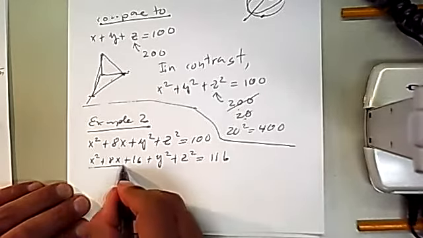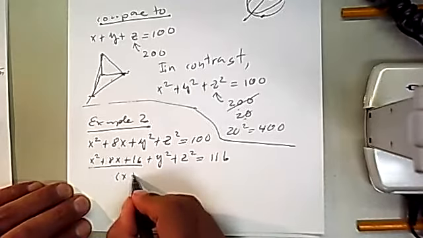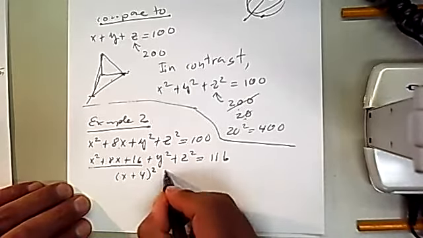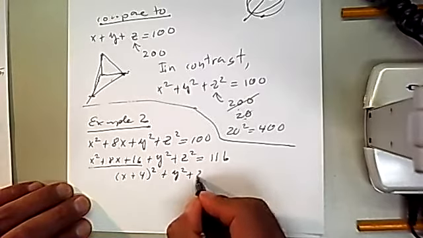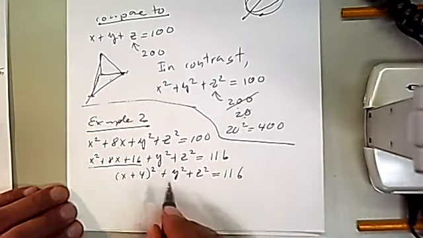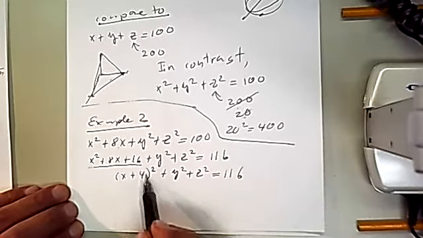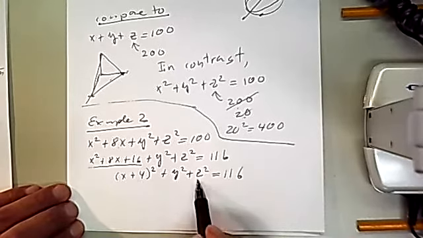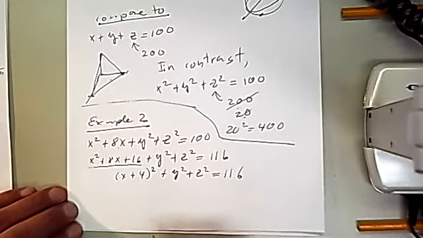Now we can factor that as (x plus 4) quantity squared, plus y squared plus z squared equals 116. And now we realize that we have the form x squared with a shift, y squared, z squared equals 116.